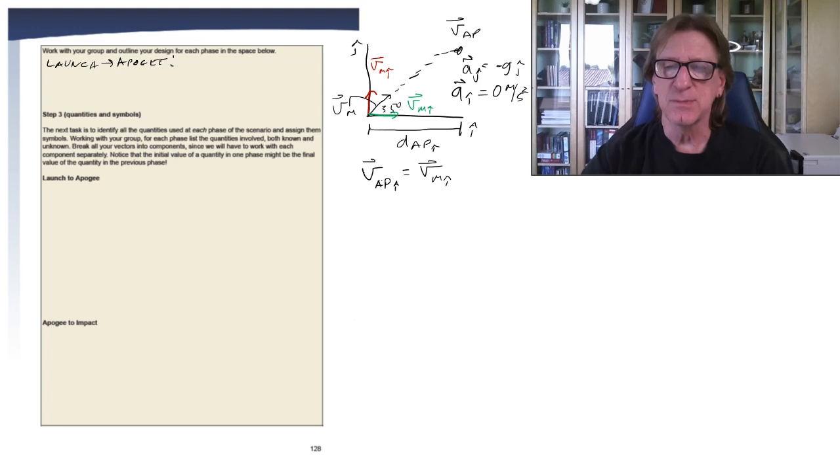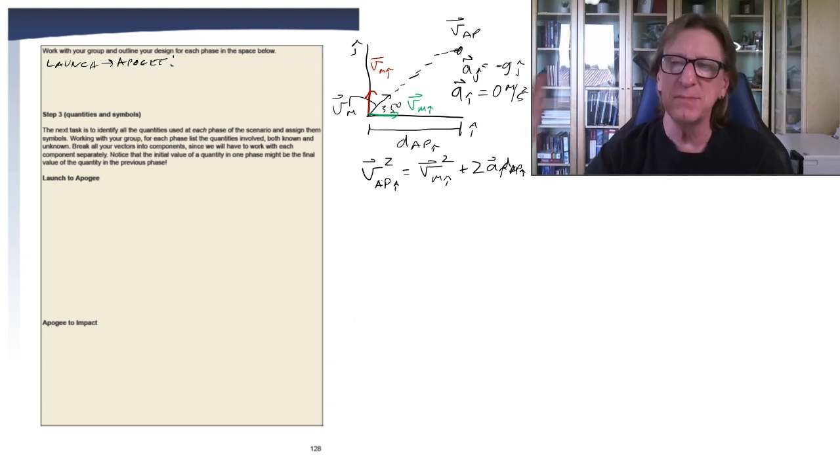things into components. All right, well, if I wanted to use the velocity versus distance equation, these things are squared, plus 2, and this is the a in the i hat direction, and then our delta x is going to be our d ap, which is also in the i hat direction. So everything in this equation has to be in the i hat direction.